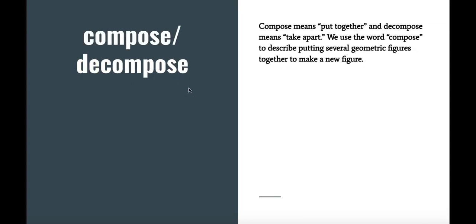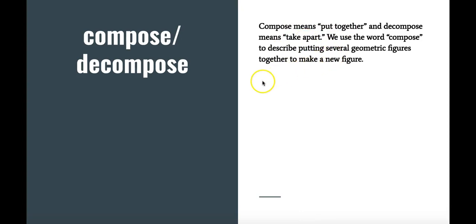And then we have two opposite terms that we need to talk about here, compose and decompose. Now, when we're talking about in math, this can be for a lot of things. We can decompose and compose numbers all the time in all kinds of different ways. But in this particular situation, we're talking about compose, put together, decompose, take apart.